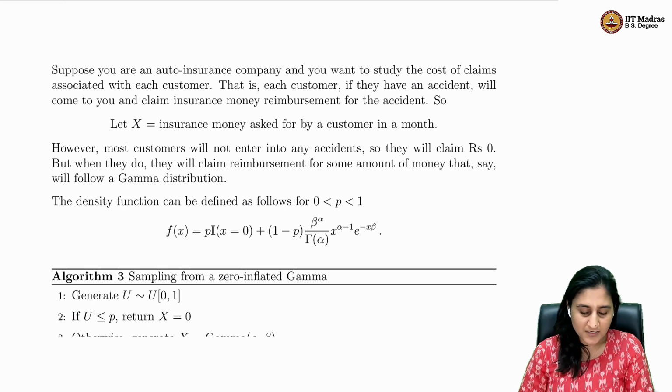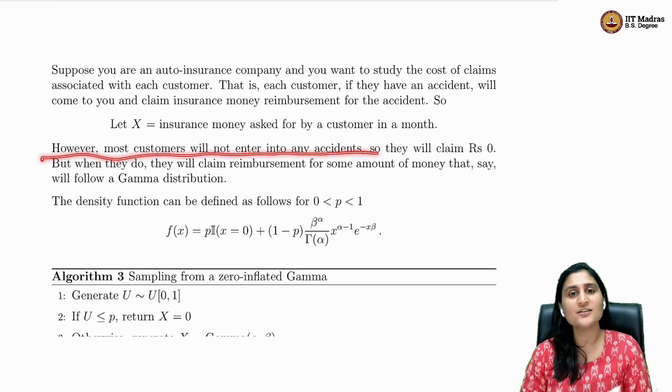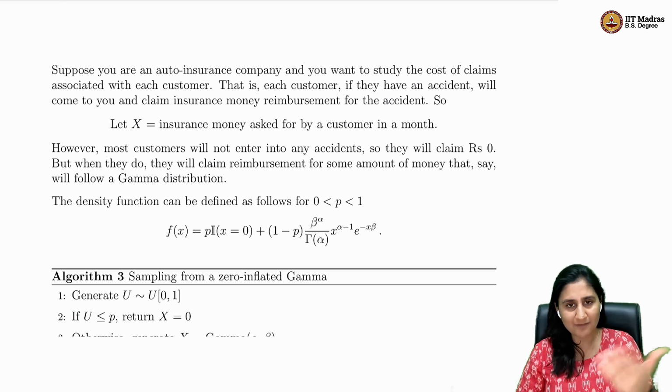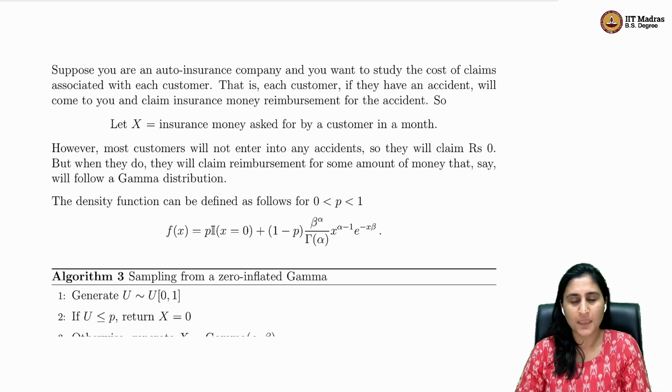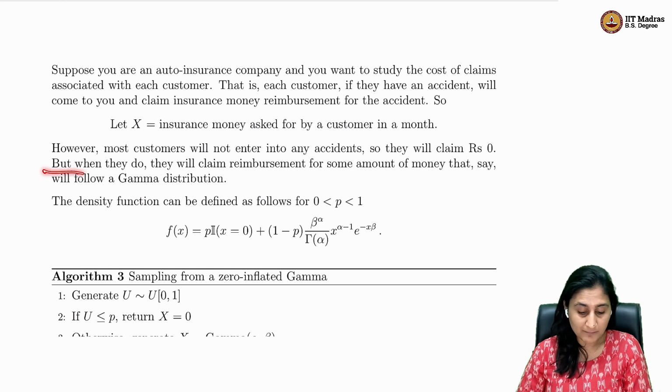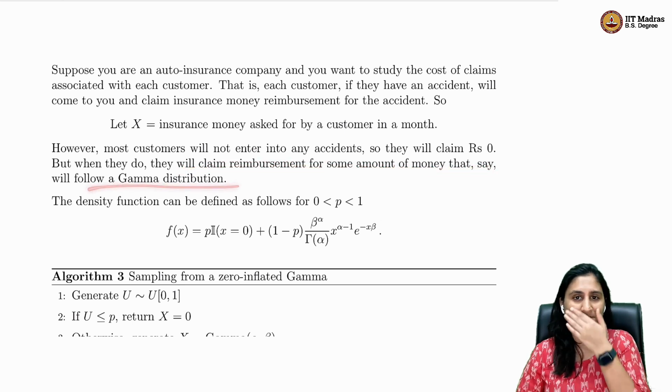However, most customers hopefully will not get into any accidents in that month, right? Most people don't have random accidents every day. So they're going to claim rupees 0. They're not going to claim anything. But when customers do make a claim, they will claim reimbursement for some amount of money that, let's say, follows a gamma distribution.